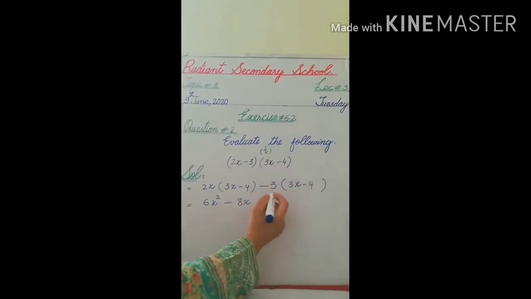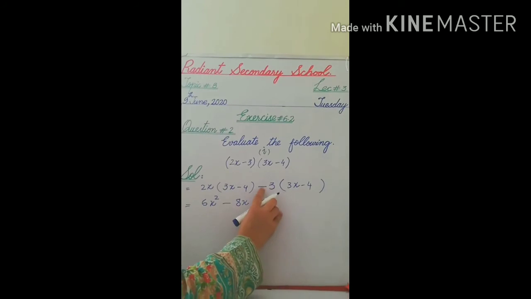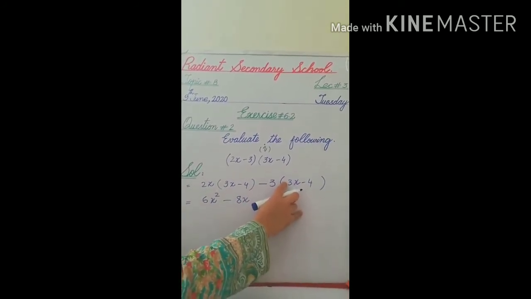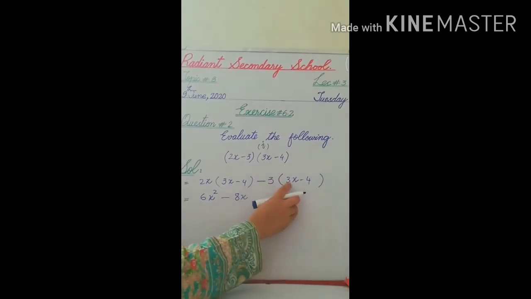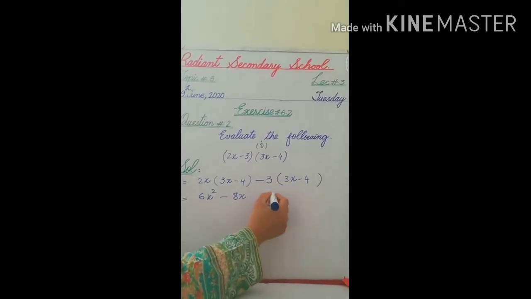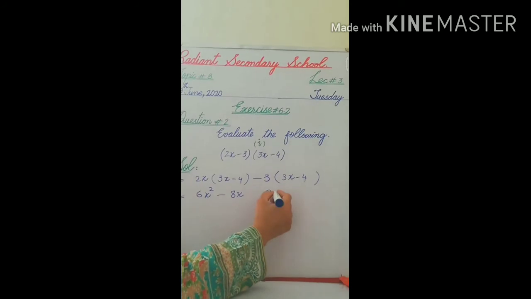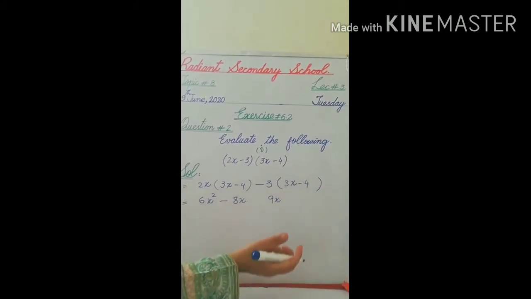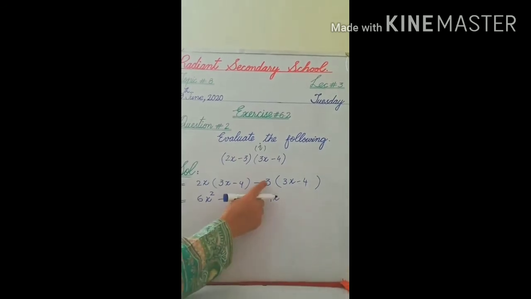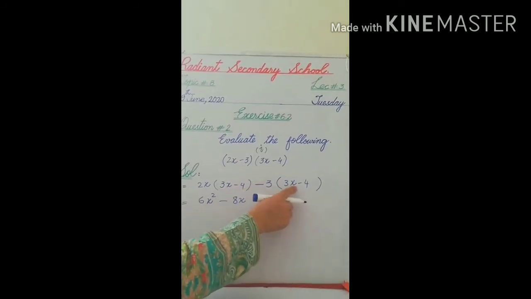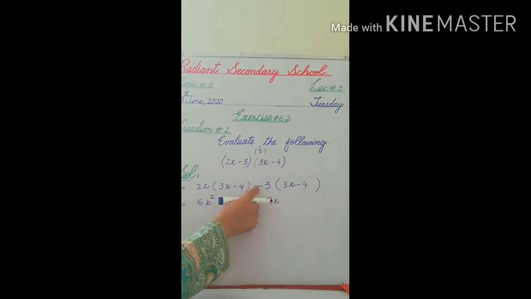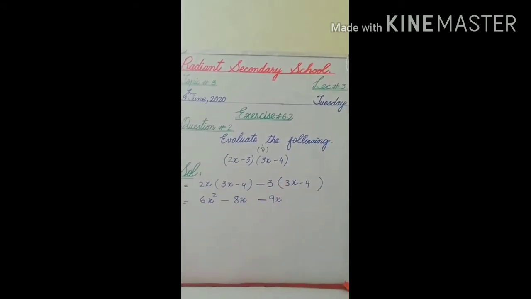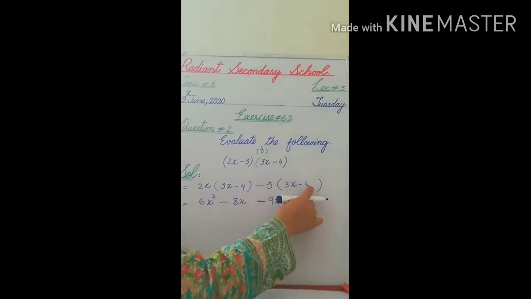Now my first bracket is solved. Come to the next bracket. Minus 3 has a minus sign, and 3x has a plus sign inside the bracket. So firstly the coefficients multiply with each other. 3 3s are 9, x will be as it is because just this term has a base. Now when we multiply signs, this 3 has a minus sign and this 3x has a plus sign, so minus times plus, the answer will be minus.